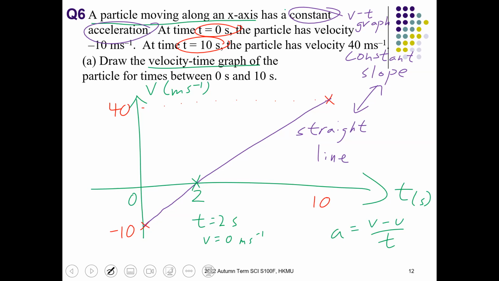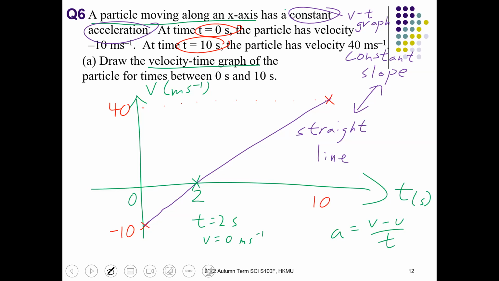In part B, it asks about when the particle is momentarily advanced. We just mentioned in question 5 the concept of momentary advance, which means the object starts changing its direction.